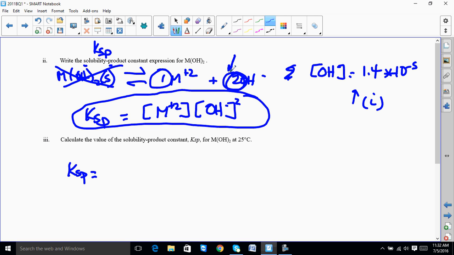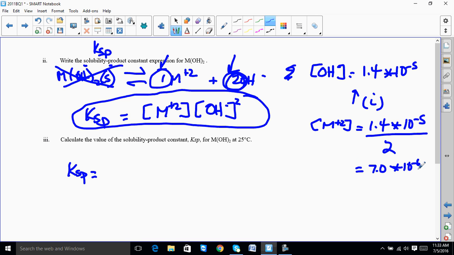That means the hydroxide concentration has to be twice as much as the M plus 2. So the M plus 2 ion concentration is 1.4 times 10 to the negative 5 divided by 2, which gives exactly 7.0 times 10 to the negative 6 molar. And then using this equation up here, what do I put in for M plus 2?